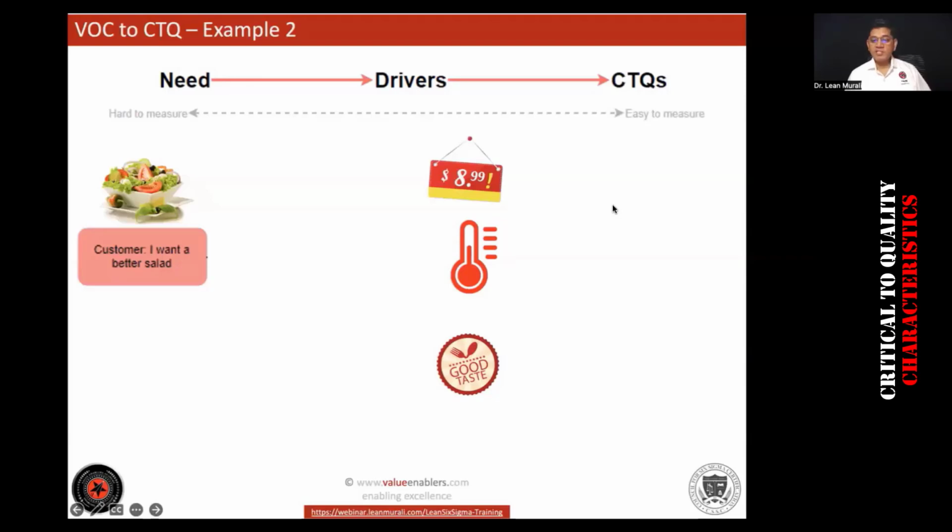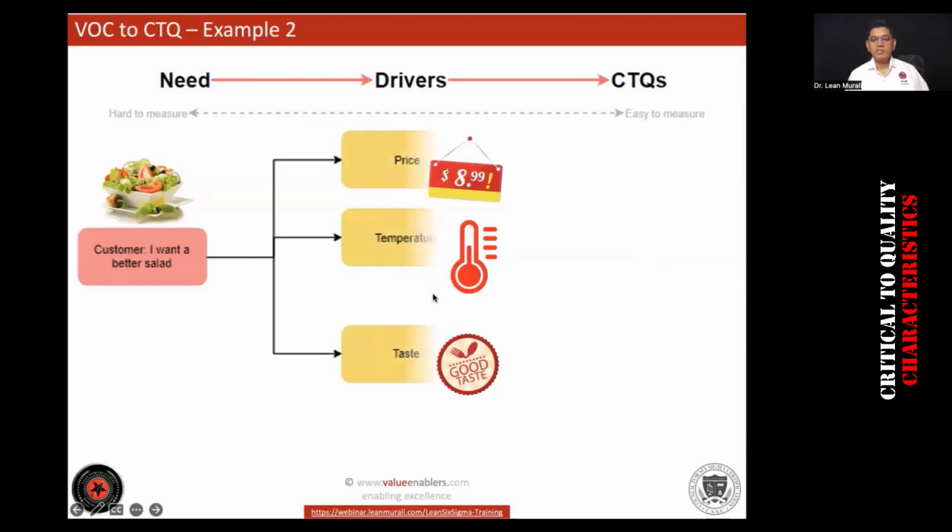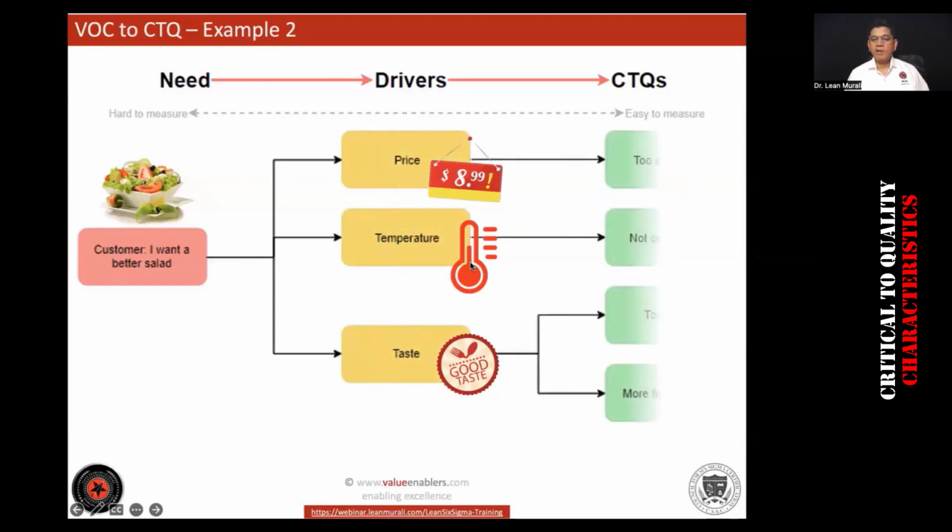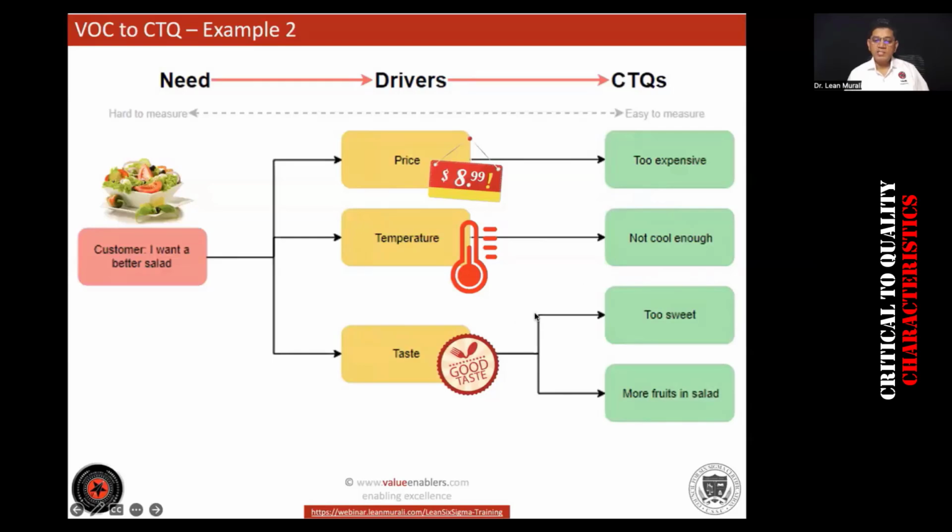The temperature of the salad and the taste of the salad. Okay. So those are the drivers: the price, temperature, and the taste. And then for the price, it should not be too expensive. Temperature, it should be just the right coolness, and taste sweet, more fruits, etc. So through this example, if it is clear, give me a 9 or 10 if it is super, super clear.